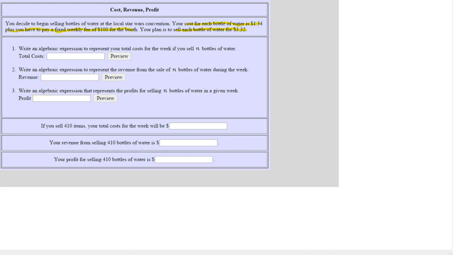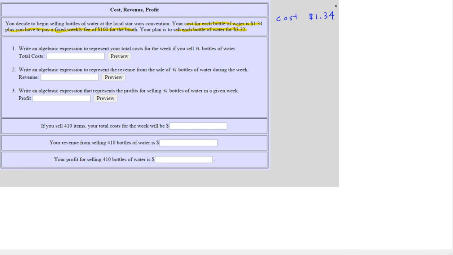So, first let's think about what's varying here and what's fixed. So we know that the cost for each bottle is $1.34 for you.